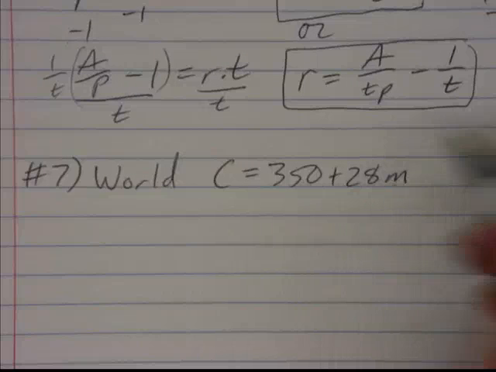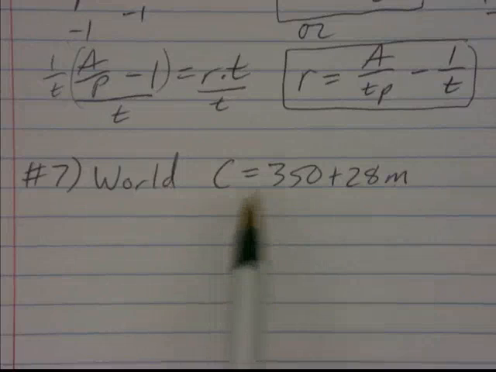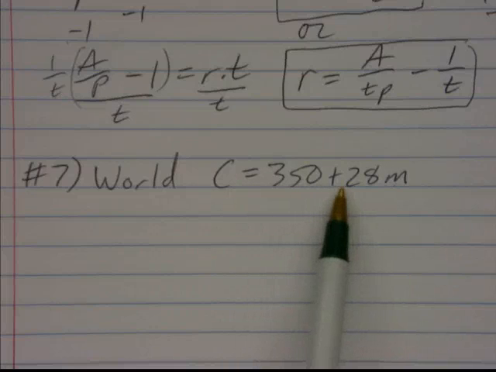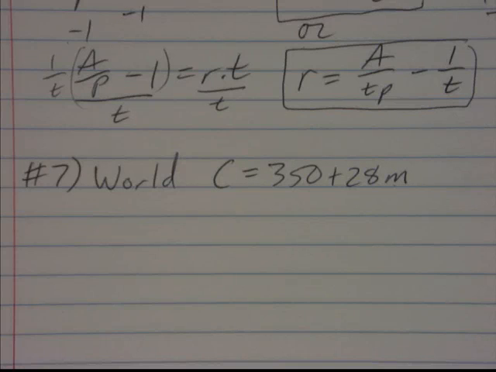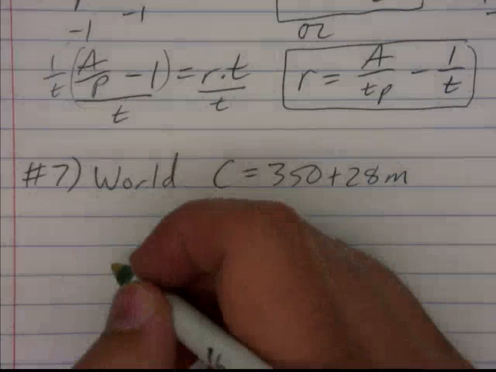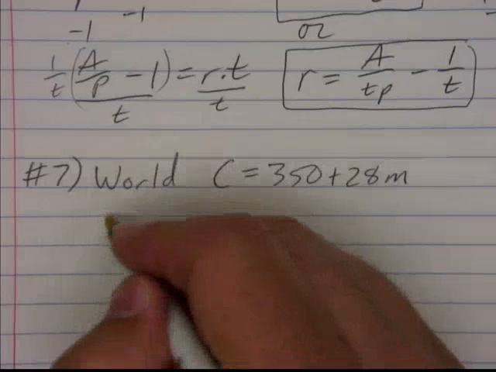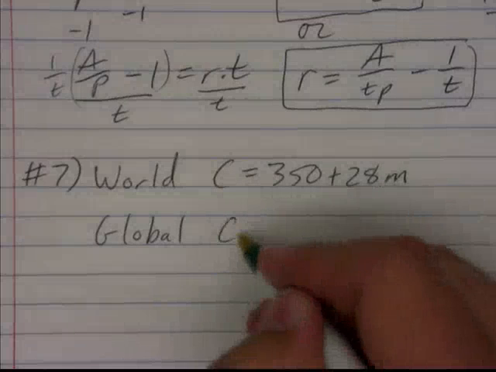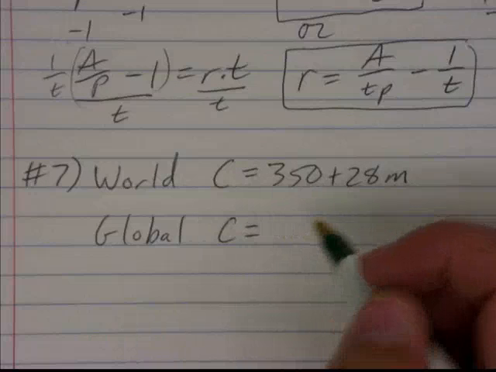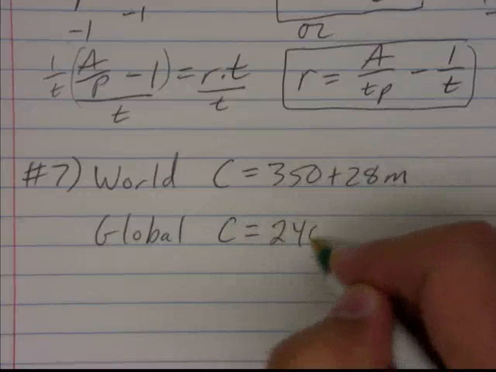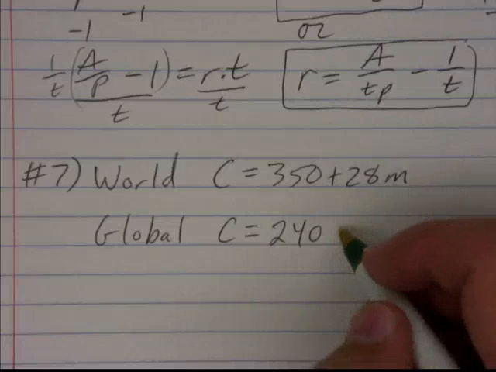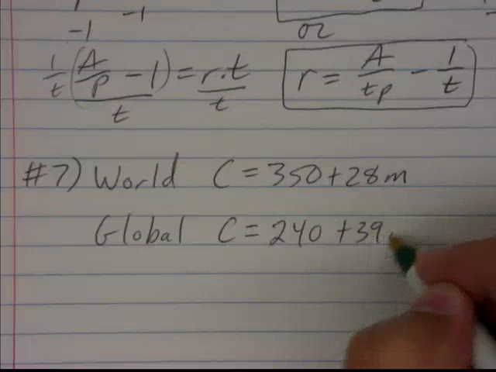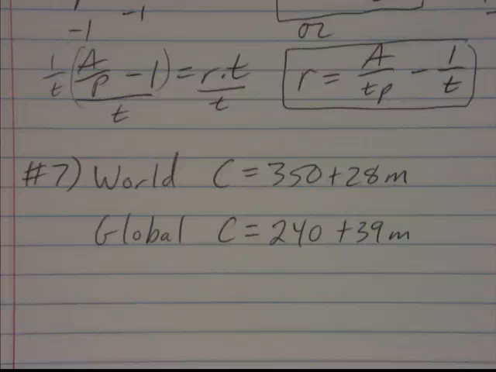So if M is the number of months, this would be our total cost, the $350 installation plus 28 times however many months we're looking at. So that's for World. For Global, our cost is going to be $240 for installation plus $39 times the number of months that we've got that plan going.